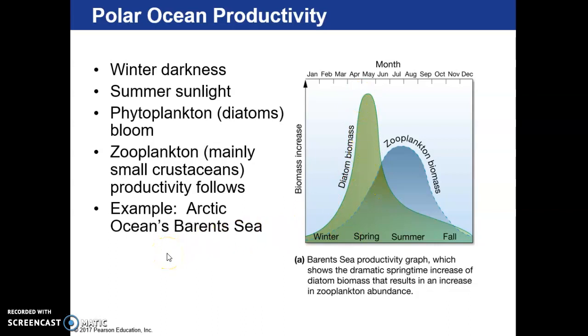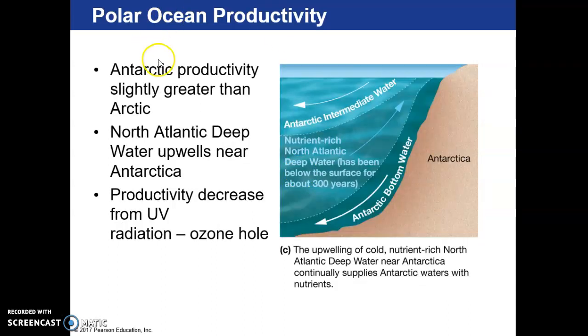And so for example, in the Barents Sea, that's what this productivity graph is based on. This is what we see across the Arctic. In your Antarctic areas, remember that Antarctica is a continent.